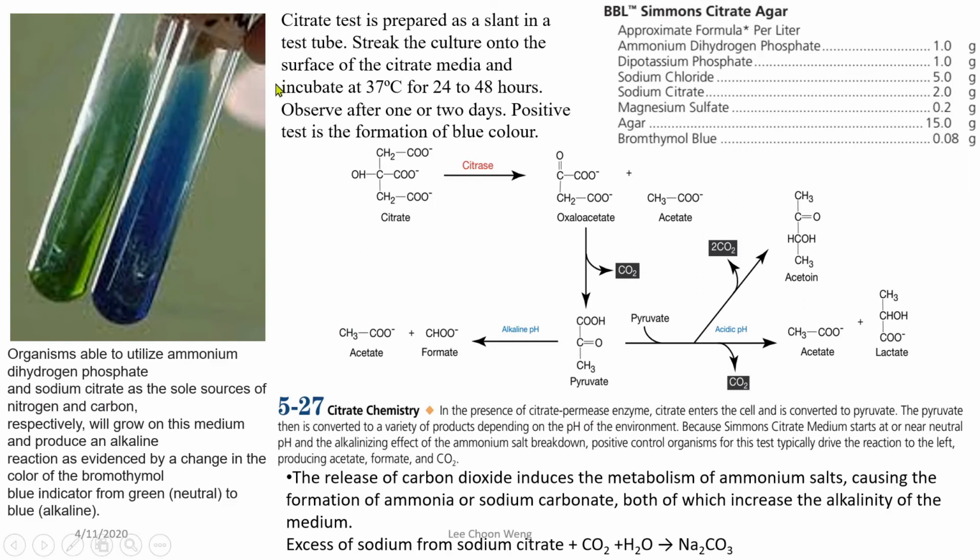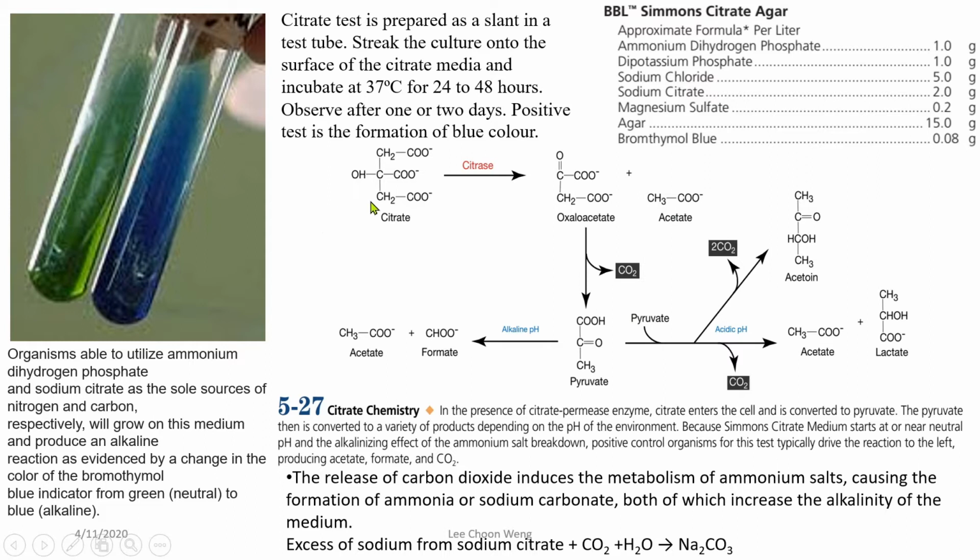For citrate tests, we usually utilize Citrate Agar. A popular one is the Simmons Citrate Agar. As you can see here, the only nitrogen source is ammonium dihydrogen phosphate, and the only carbon source is sodium citrate. So what happens here is the bacteria has the enzyme citrase utilizing citrate, and produces oxaloacetate and acetate products.